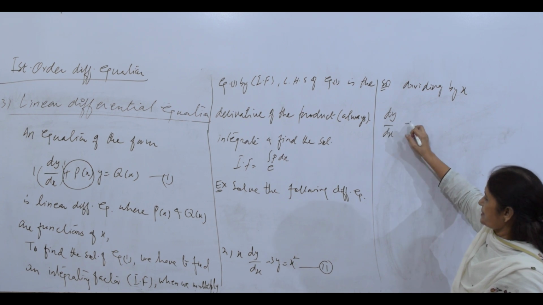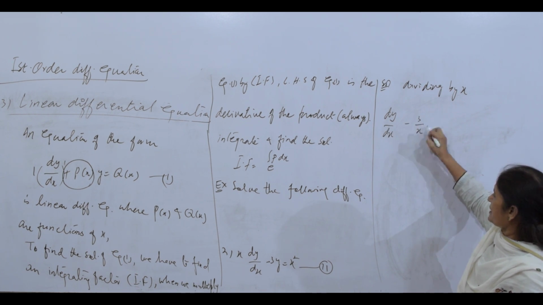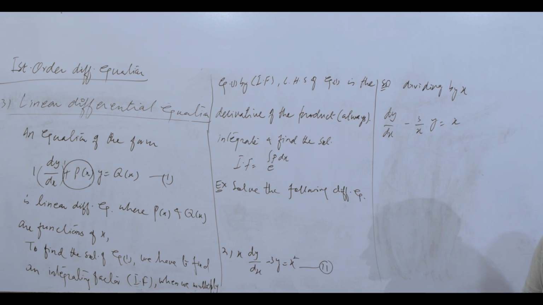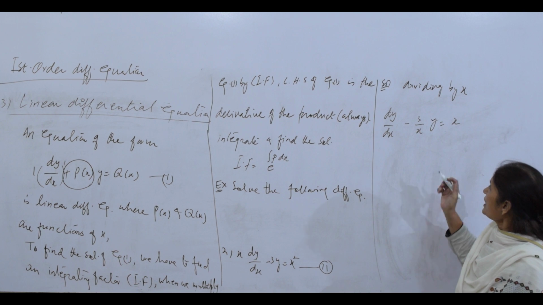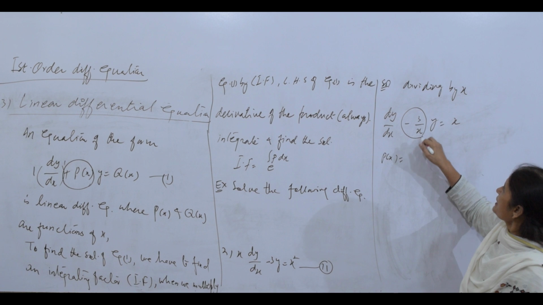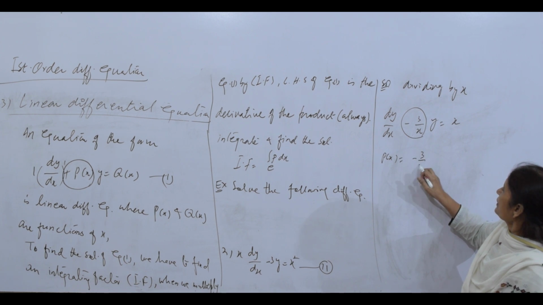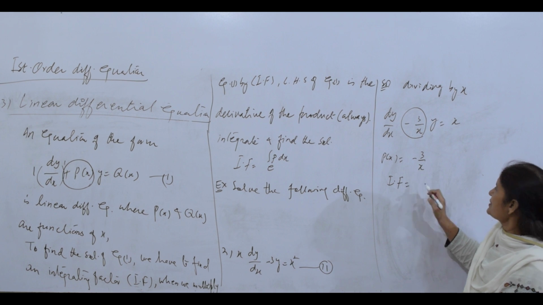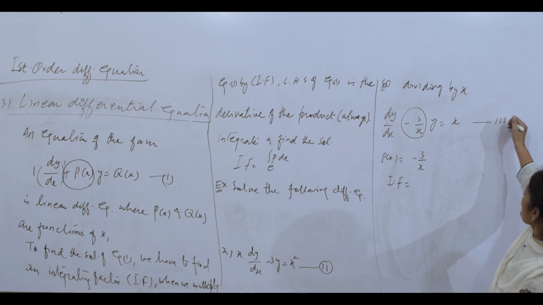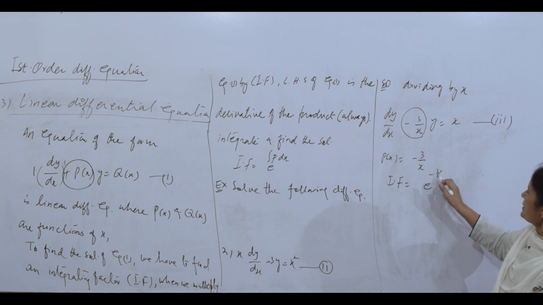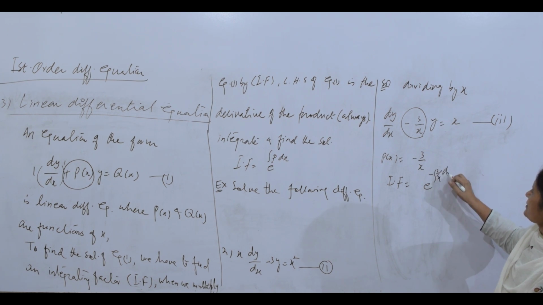dy by dx minus 3 by x times y is equal to x. Dividing by x, what is p of x? P of x is minus 3 by x. This is your p of x. The integrating factor is, let us call it equation number 3, e to the power integral of minus 3 by x dx.